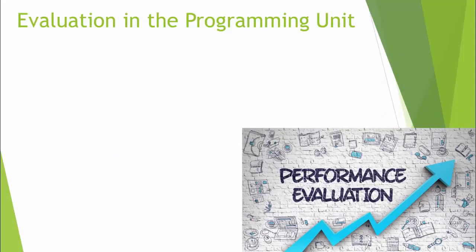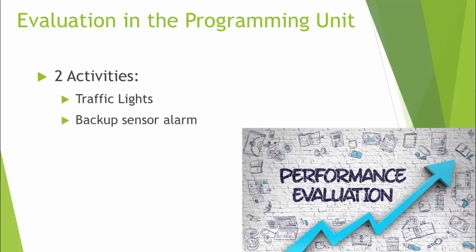How will we be evaluated in this programming unit? Well, in the limited time that we have available to us in the rest of the year, we're going to evaluate two activities. A simple traffic light system that you're going to design, and in keeping with our driving theme, a backup sensor alarm where we're going to evaluate distance to the garage and communicate to the driver what to do.